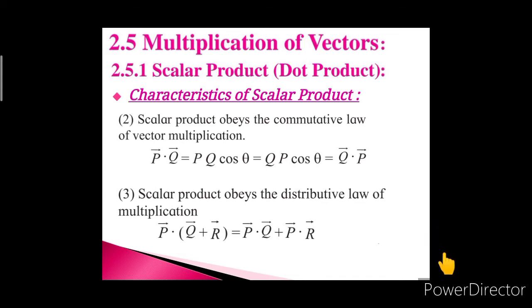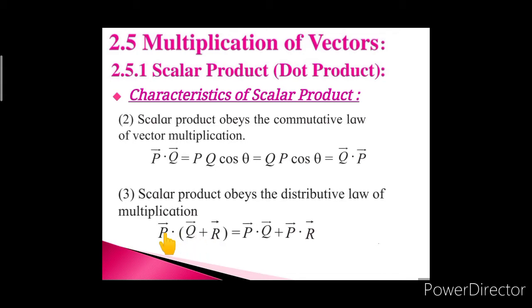That means when there are three vectors such that two vectors are added together and multiplied with one vector, for example vector p dot vector q plus vector r, where vector q and vector r are added together and multiplied with vector p. So here we can apply the distributive law of multiplication.